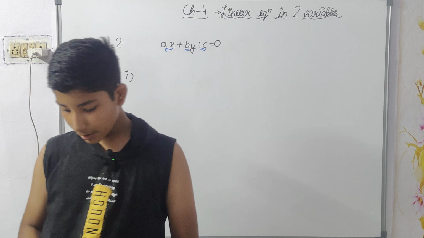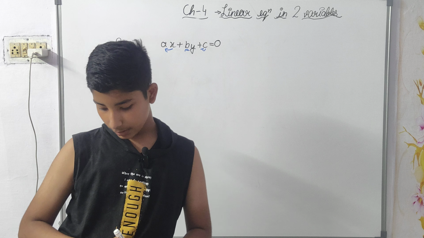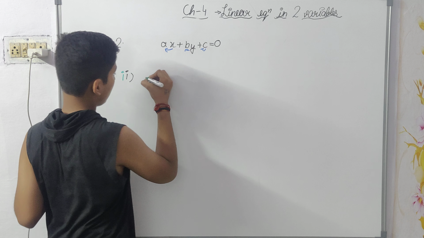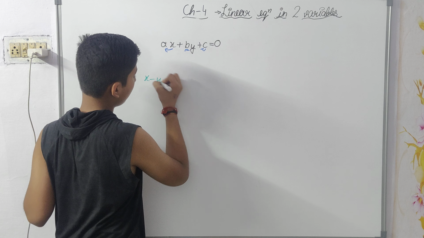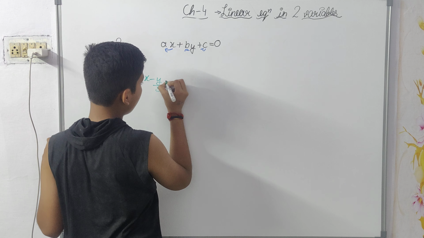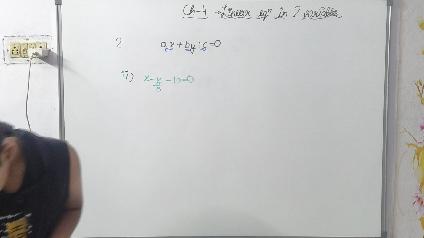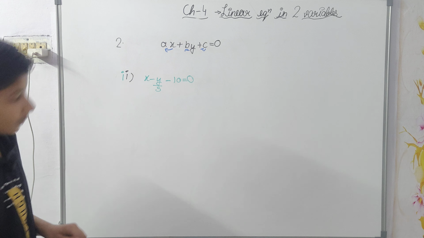Second one, x minus y by 5 minus 10 equals 0. Is it the same? Yes. So it is already in the form of ax plus by plus c equals 0. It's already in this form.